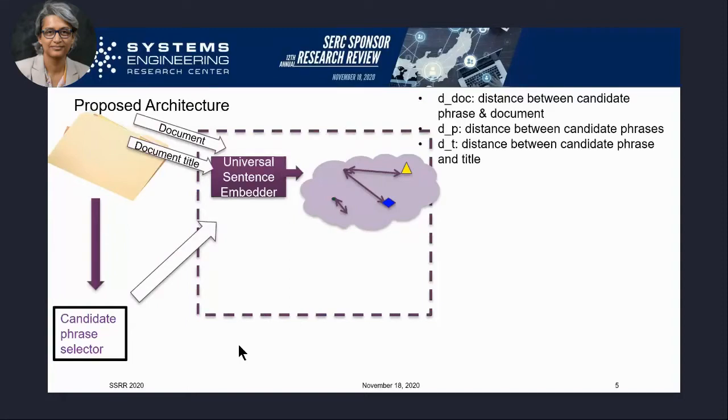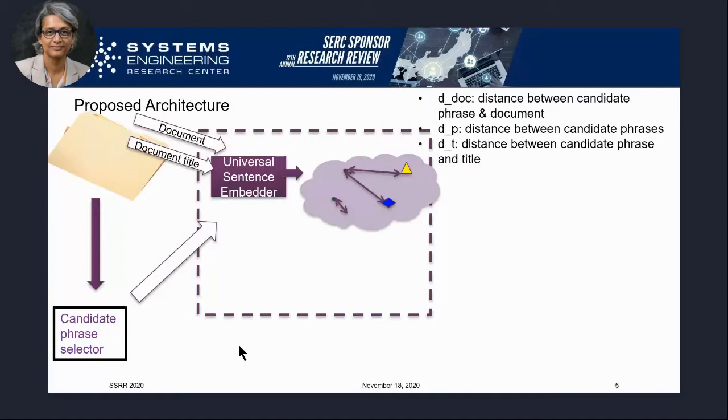This was done by Google, and what it does is represent every language unit as a point in a 512 dimension space. So in this little cloud structure, the cloud is supposed to be our 512 dimension vector space. The yellow triangle can represent, say, the document.